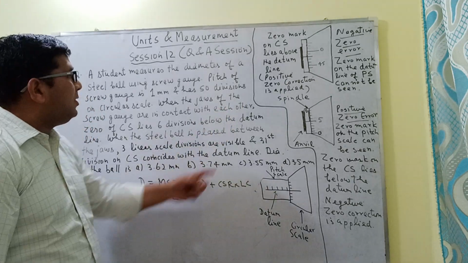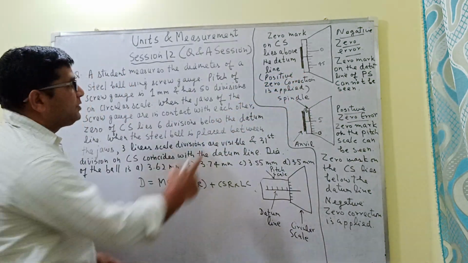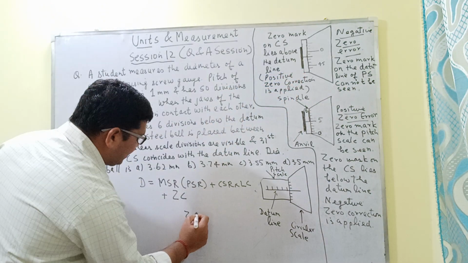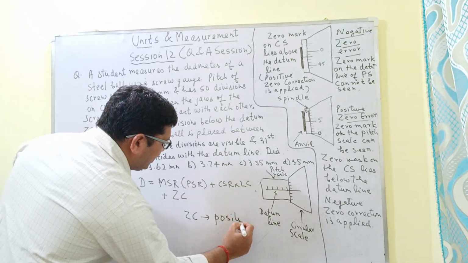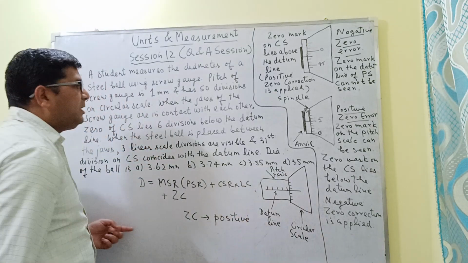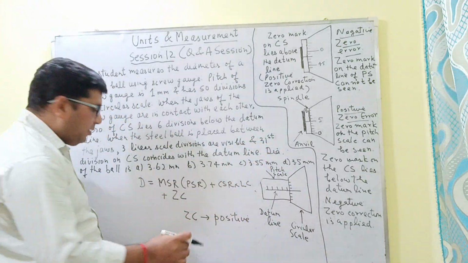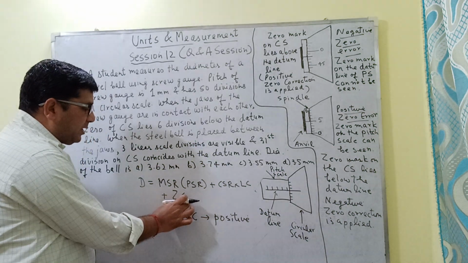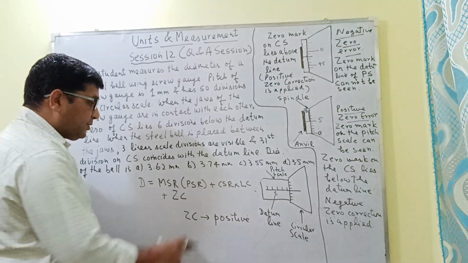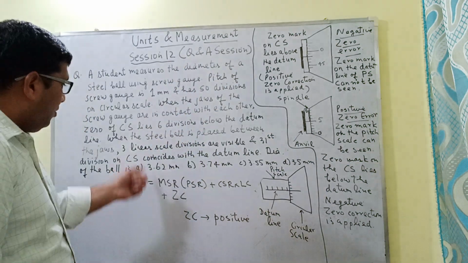In the case of a negative zero error, the zero correction will be positive. That is, whatever dimensions we have measured with the help of that particular screw gauge, to that dimension we will be adding the value of the zero correction which we have measured. So this is in the case of the negative zero error.